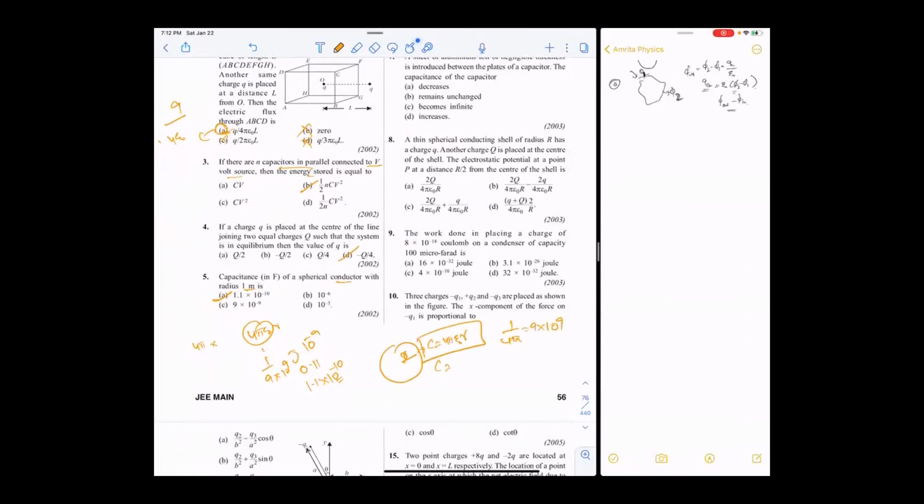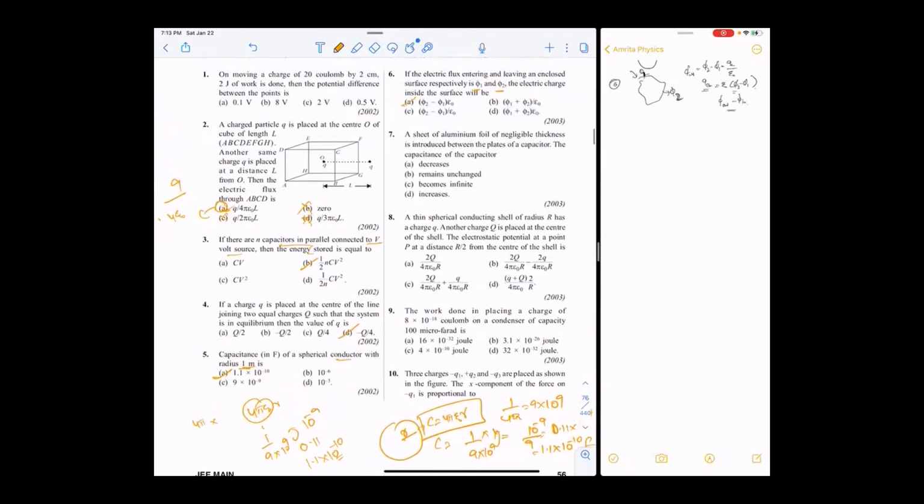So 4 pi epsilon naught is 1 by 9 into 10 power 9, and the radius is 1 meter. 10 power 9 goes to the numerator, 10 power minus 9 by 9. 1 by 9 is 0.11 into 10 power minus 9. It is 1.1 into 10 power minus 10 Farad. If you understood.